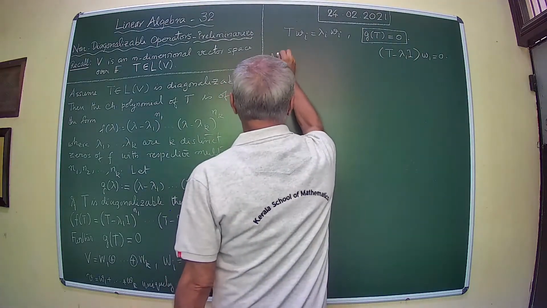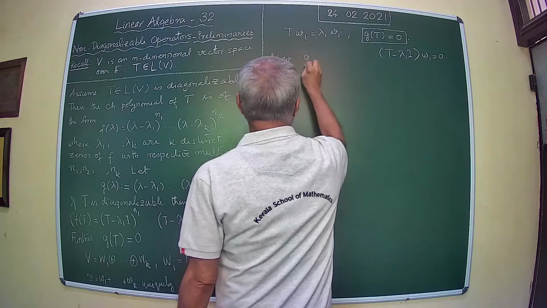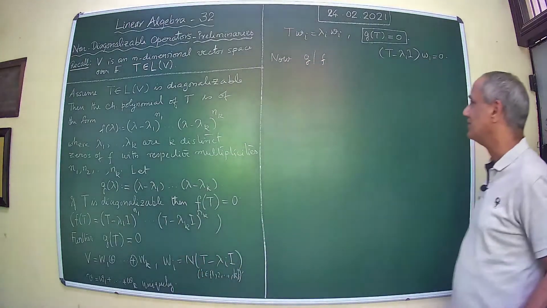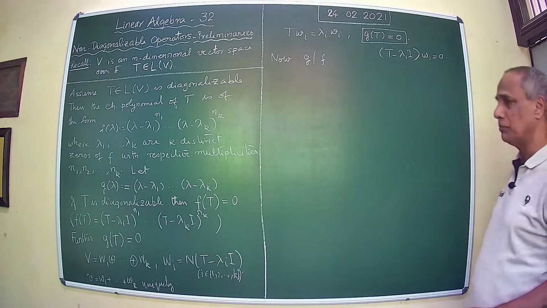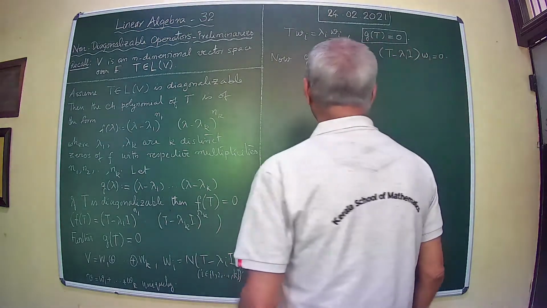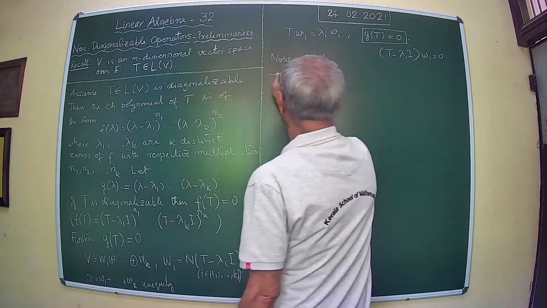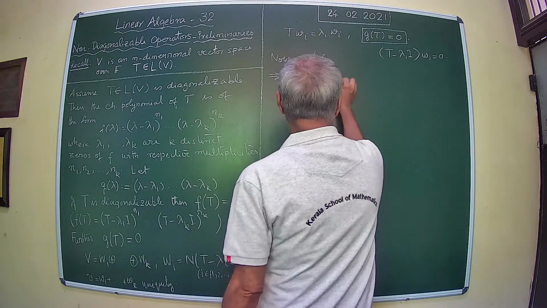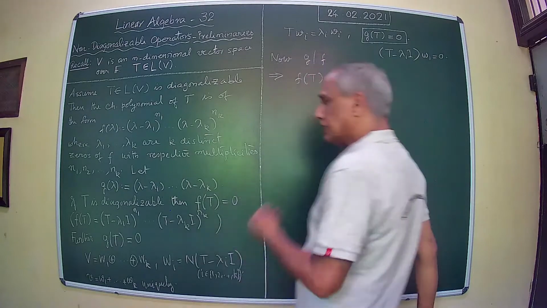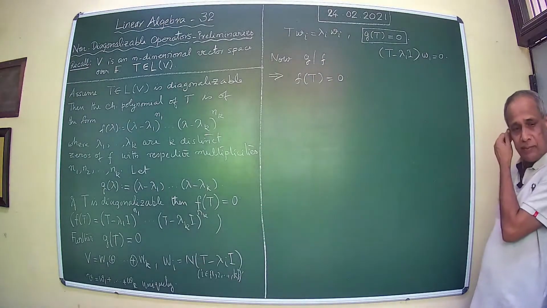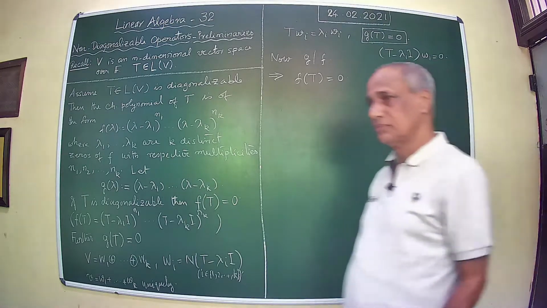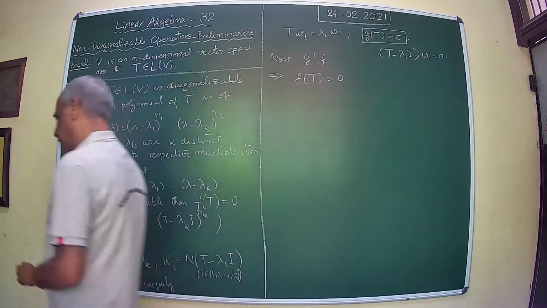Now, g divides f. Obvious. g divides f as polynomials. Therefore, you see that this implies f of T is also equal to 0. Now, this much observation we make, right?